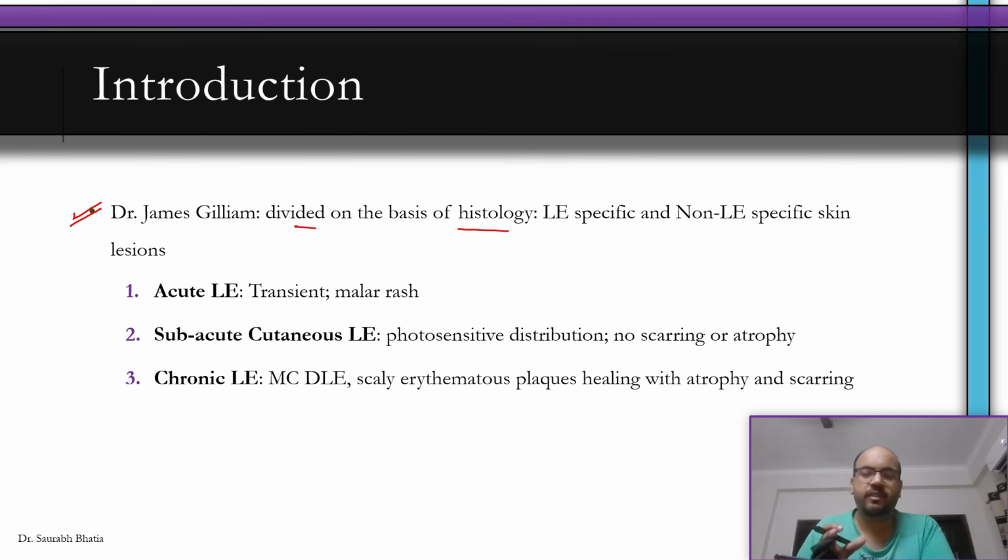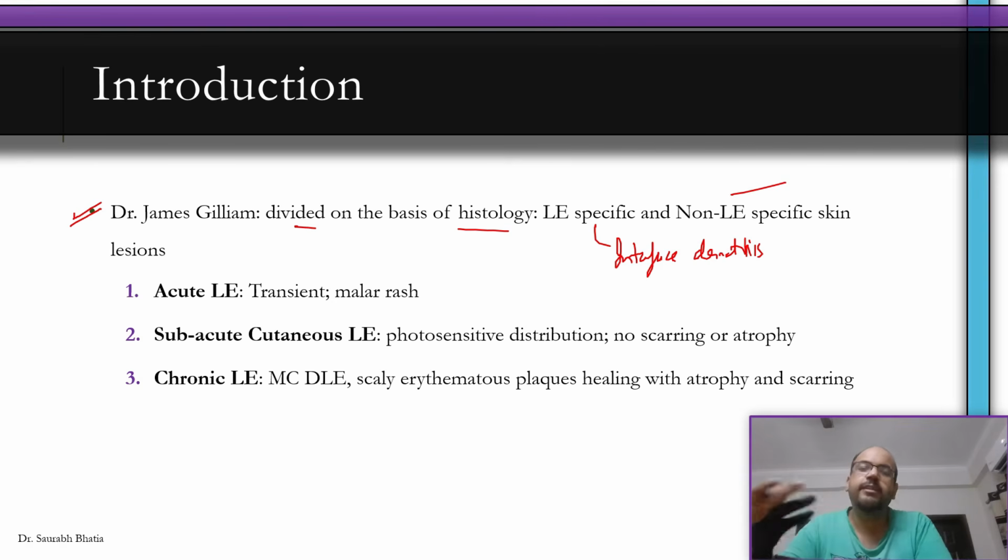One was LE specific, which showed interface dermatitis in their biopsy, while the second class were non-LE specific skin lesions, which showed different histopathological features and were also seen in other disorders apart from LE. So they were not specific to LE, while you have a certain cohort of lesions which were specific to lupus erythematosus. Okay.